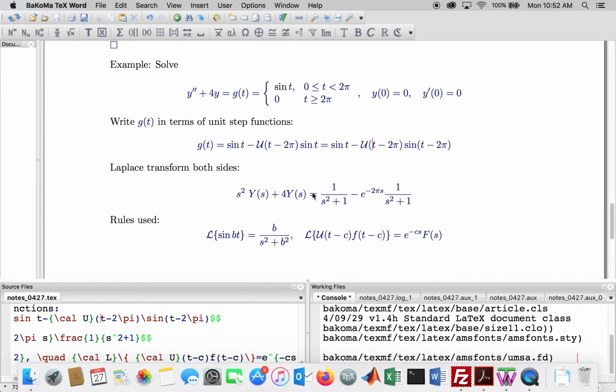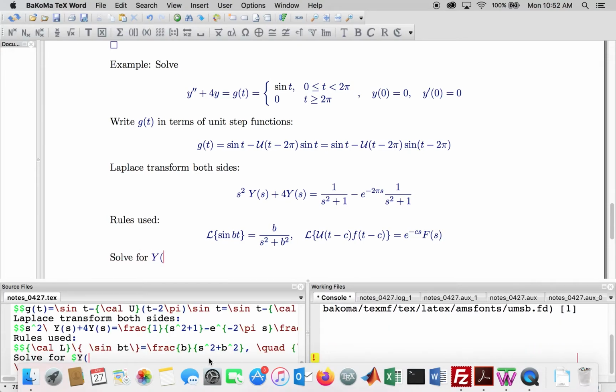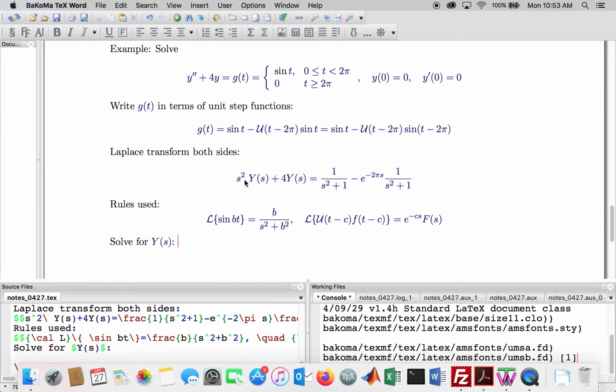So now this is the transform that I will work with. I just need to rearrange to solve for y of s. Okay, so on the left side, I'm going to factor out y of s. It leaves me with s squared plus 4. So now I can divide by that.